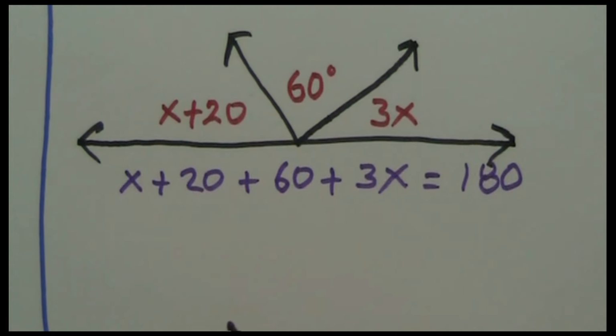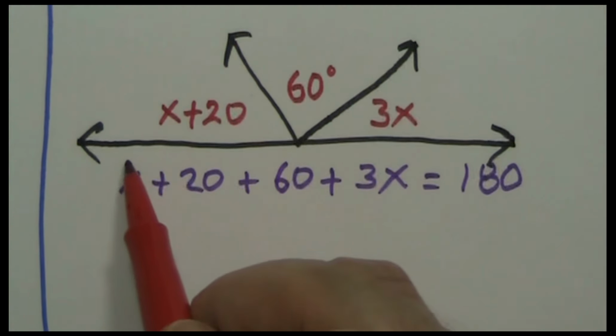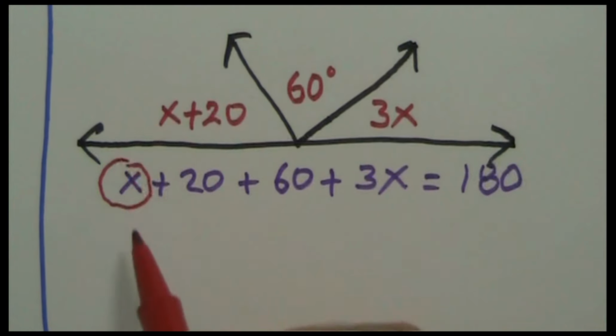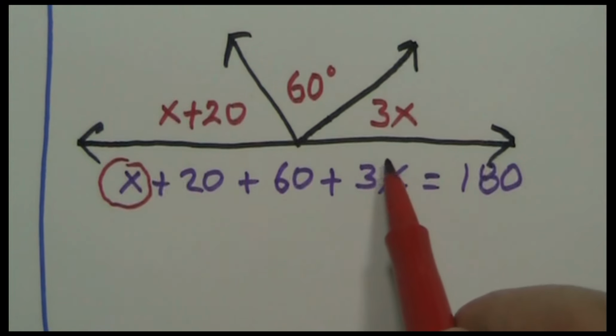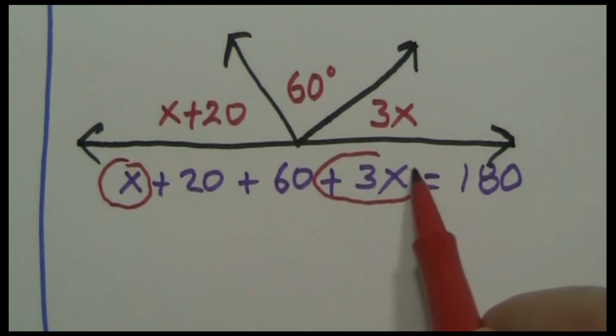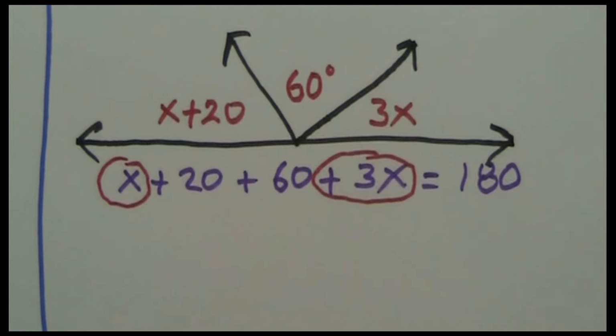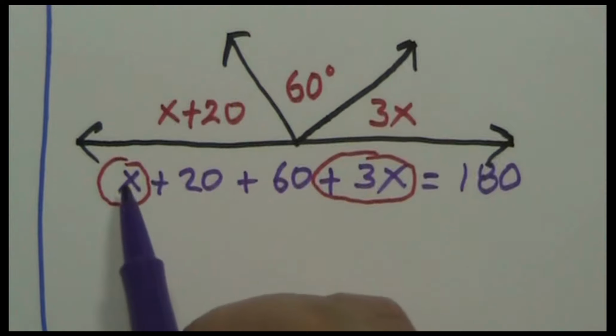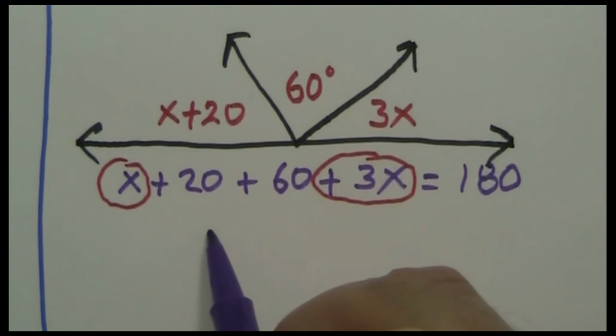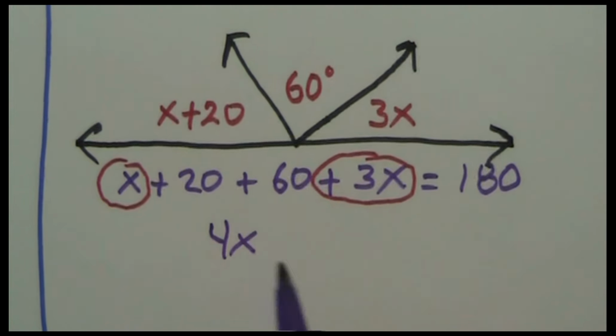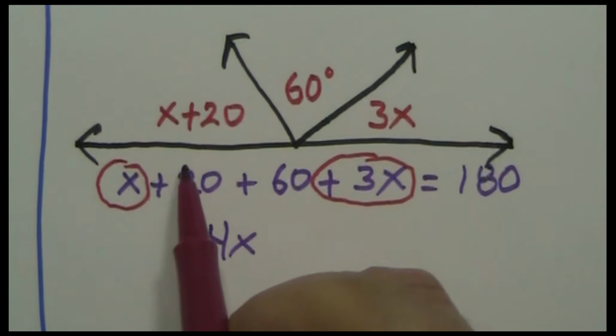So now let's combine like terms. I have 1x, and I have positive 3x. So if I put those together, that's going to give me 1x and 3x makes 4x. Next, I have the constants.